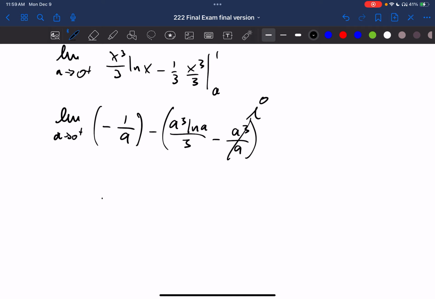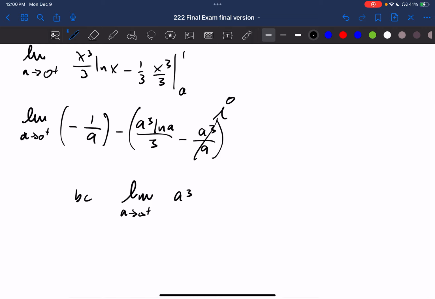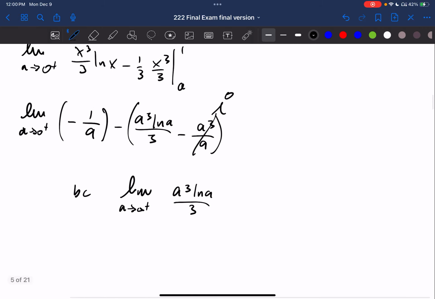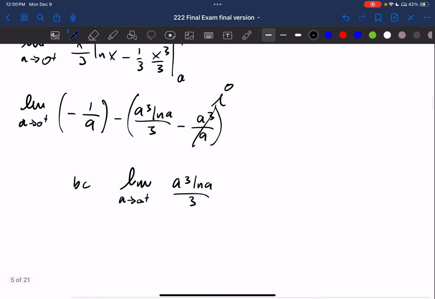So we can say the limit as a goes to 0 from the right side of a to the third power ln a divided by 3 is equal to, we can bring the 1/3 in front, 1/3 times the limit as a goes to 0 from the right.